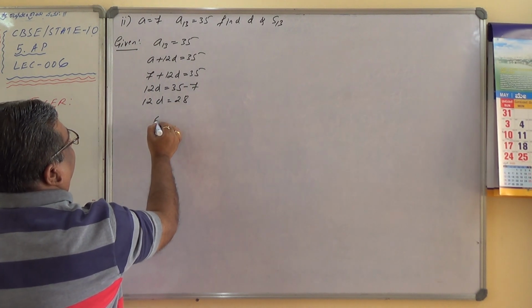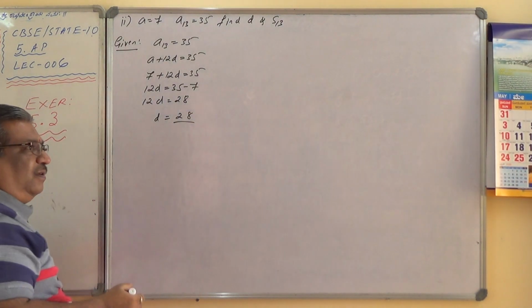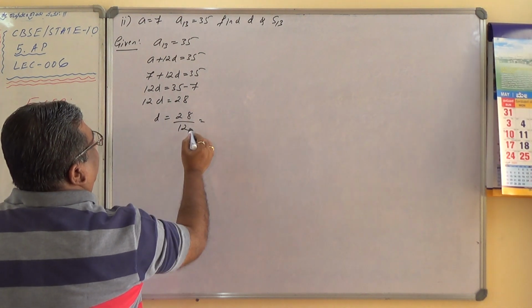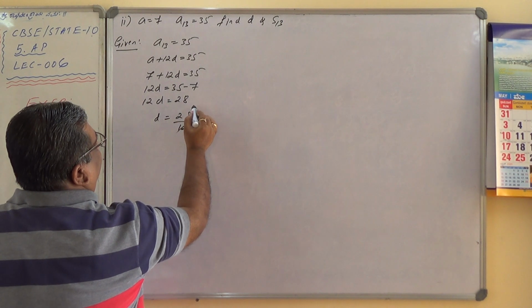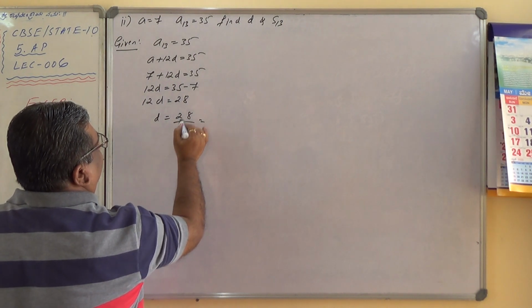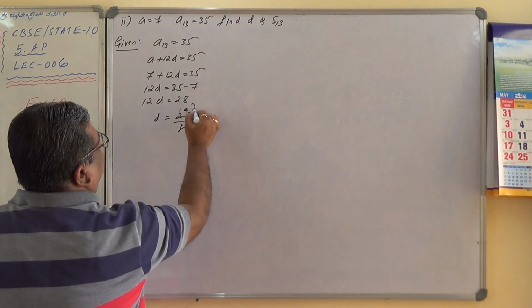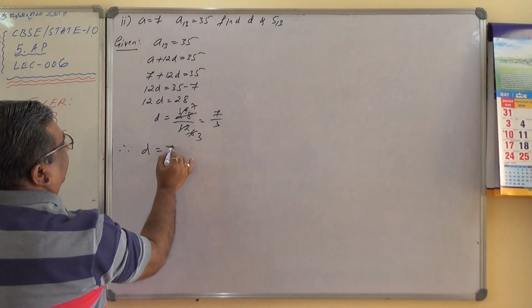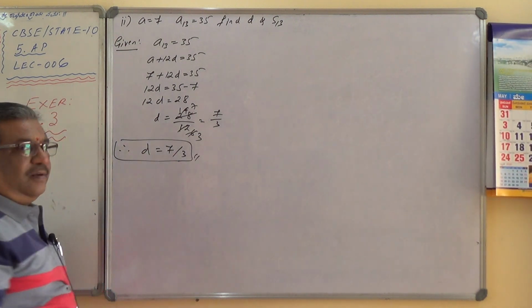Therefore, D equals 28 by 12. Is it correct? 28 plus 7, 35. Correct. Therefore, D equals 7 by 3 here. Let me check the answer. D equals 7 by 3.